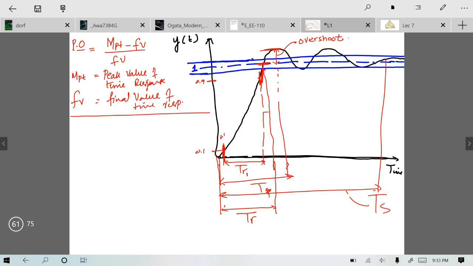I have already told you that the system is settled when the difference between the final value and the value of the response remains 2%. Someone might say that he considers the system settled when it comes within 5% of the final value.